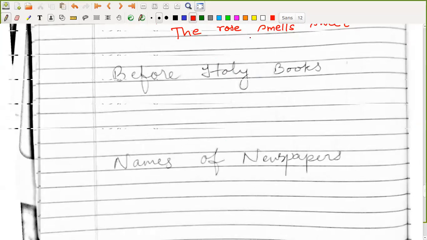You have to give the examples. Come on, be active. You haven't had your breakfast? Holy books, you know, our sacred texts, whatever there are. Give an example. Ma'am, Ramayana. Bhagavad Gita. Mahabharata.